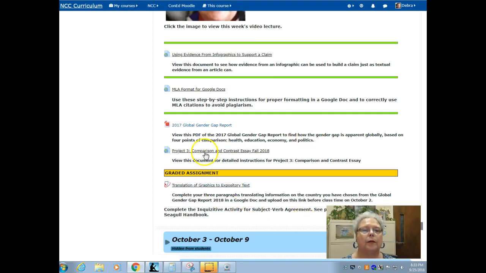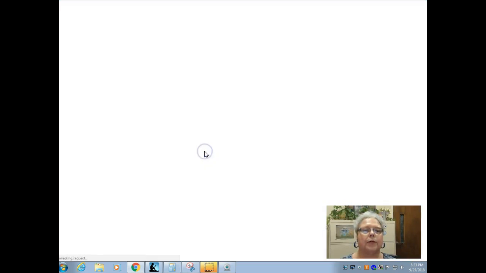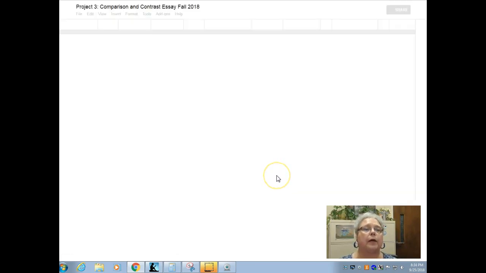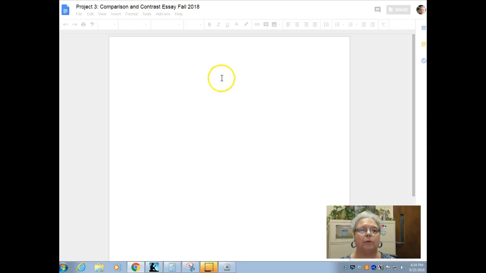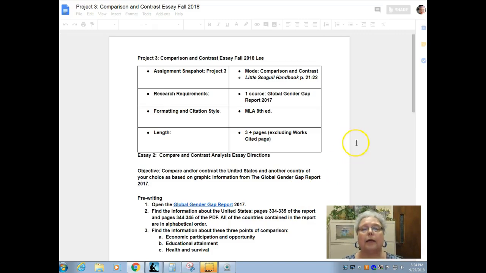The document here, Project 3, Comparison and Contrast Essay. In the Comparison and Contrast Essay document, we're just going to go down the steps through writing these 3 paragraphs. We're going to come back to this next week and actually write the comparison and contrast essay. Okay, so here we go.